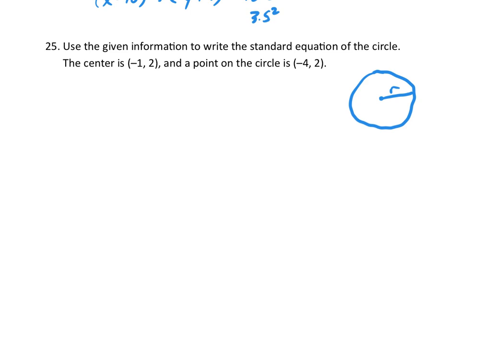I shouldn't put D there because that might confuse you and make you think it's diameter. D is like the distance between 2 points. So, one way you could do this, and this is not one of the formulas that you're going to be given, so this may not be the method you want to use, but if you remember the distance formula, then you can do the distance formula here. So that's one way. I'm not going to go through it that way because we've done the distance formula quite a bit. I'm going to show you an alternate route.